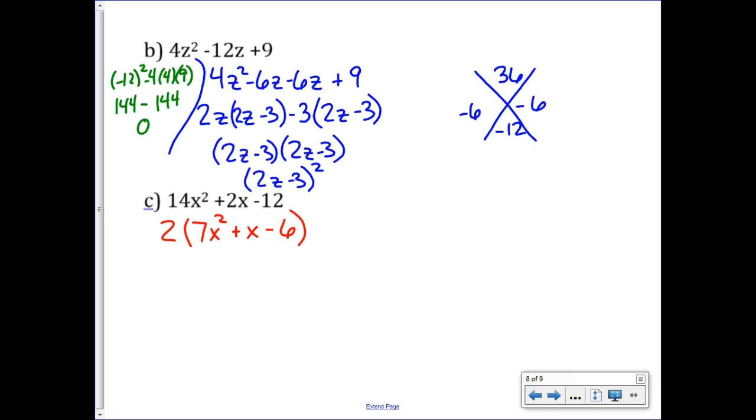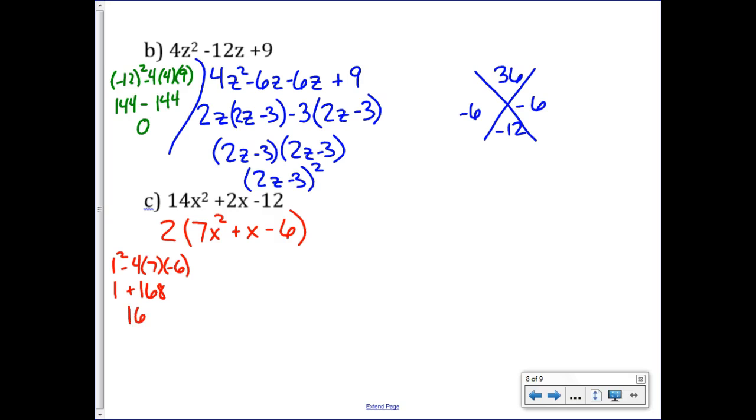Now, I want to double check. B squared minus 4ac, so 1 squared minus 4 times 7 times negative 6, and I get 1 plus 168.